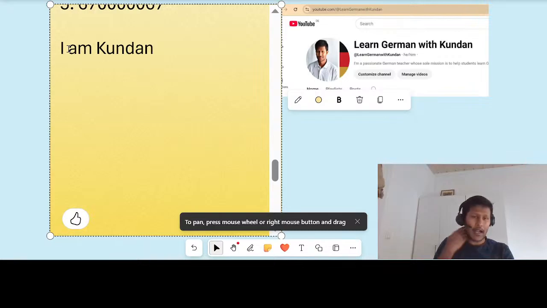To start this, first of all we have to understand what an article is. In English you already know the article a, and an for vowels. So how does it work in German, those things we will see. And let us first see in this class a simple sentence like I am Kundan.